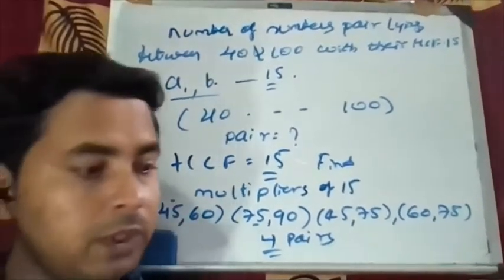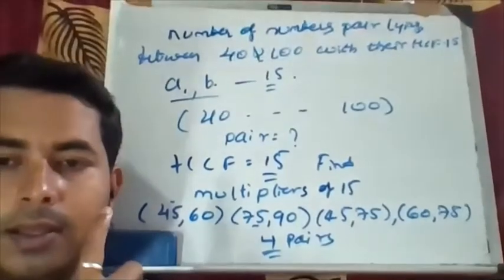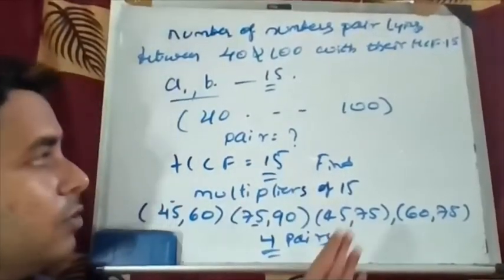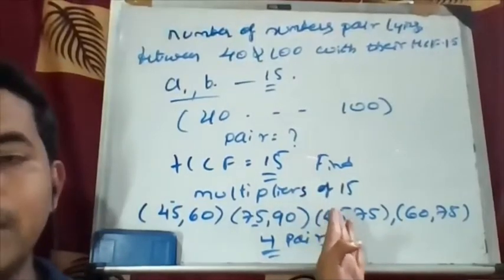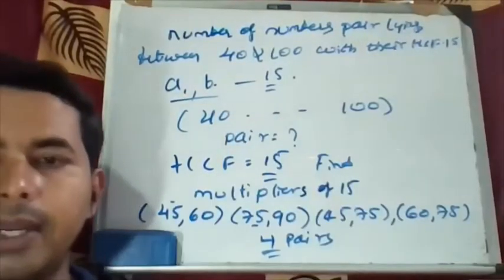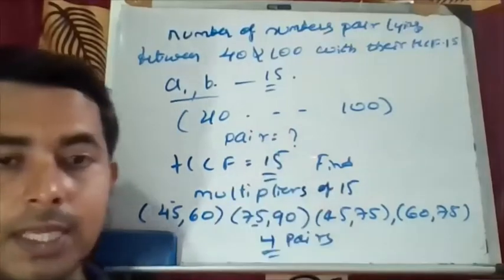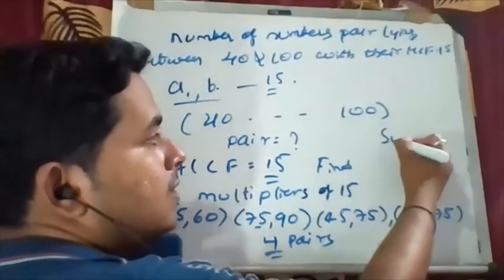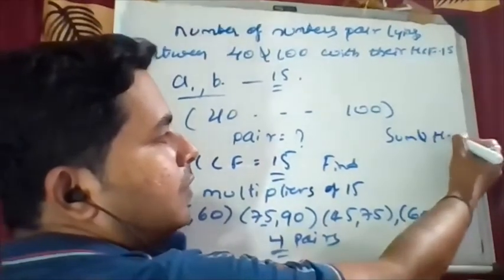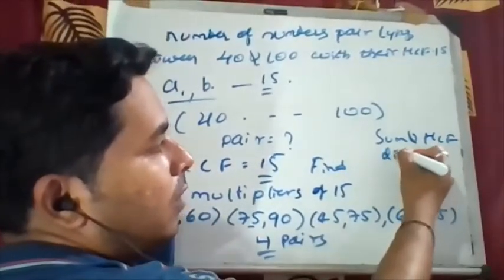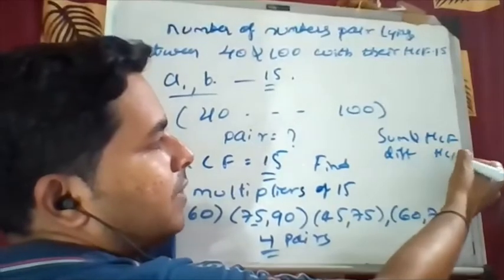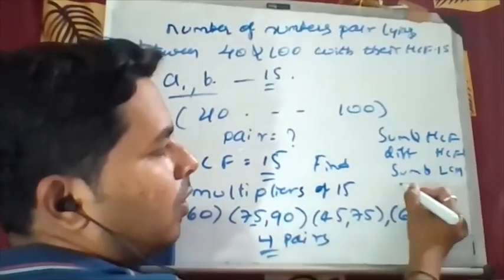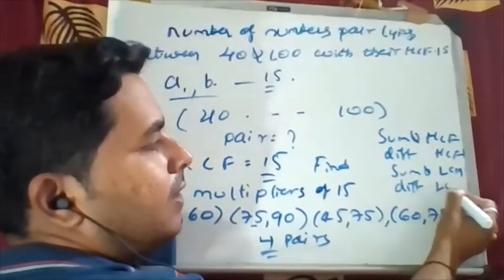Here don't go with co-prime. Here go with the multipliers. What are the multiples of 15? That is also which are more than 40 and less than 100. Previously we had to find co-primes when sum and HCF is given, or a difference and HCF is given, or a sum and LCM is given, or a difference and LCM is given.